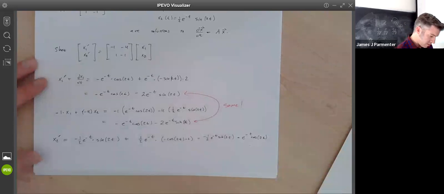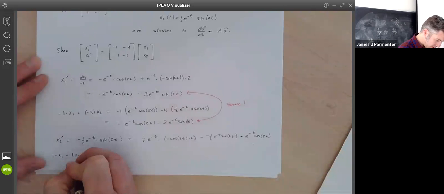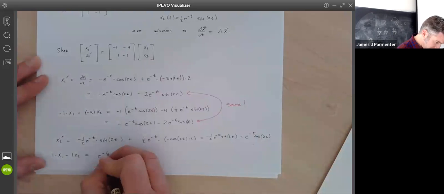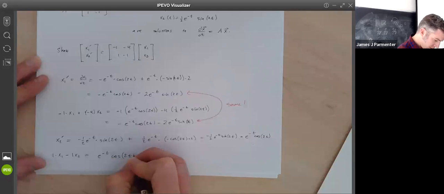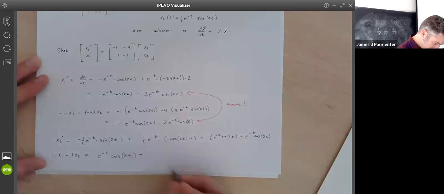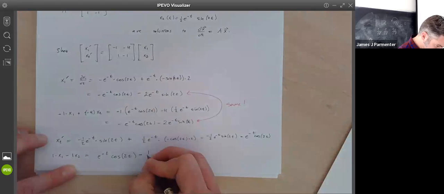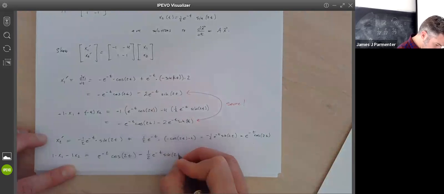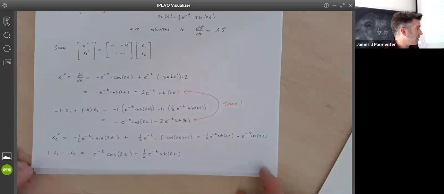And then if we add 1 times x1 minus 1 times x2, we're going to get that minus that. So we're going to have e to the negative t cosine of 2t minus x2. I'm slightly worried. Oh no, we're mostly good. Oh, no. Oh, I did make a mistake. I made a mistake when I took the derivative of sine of 2t.